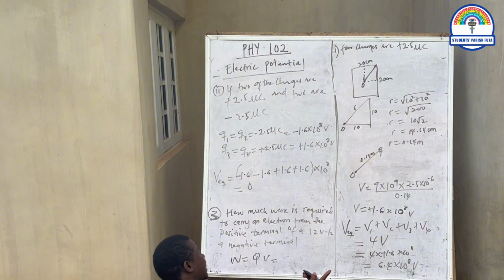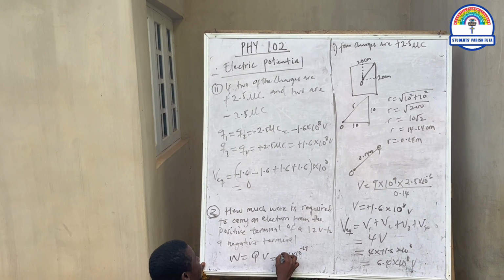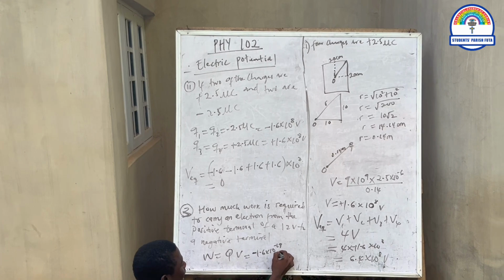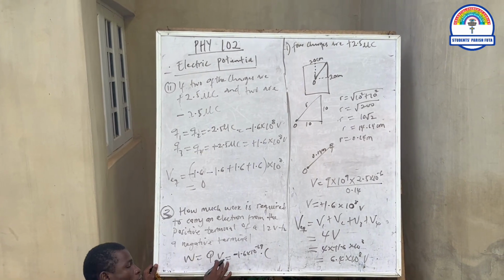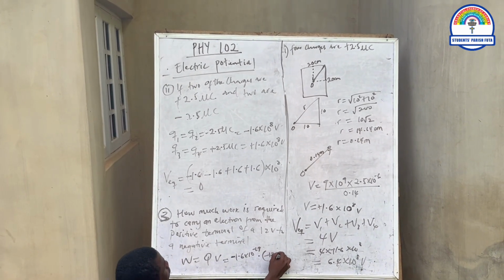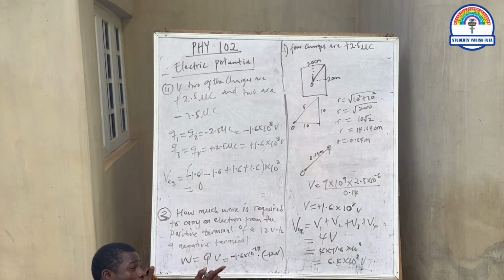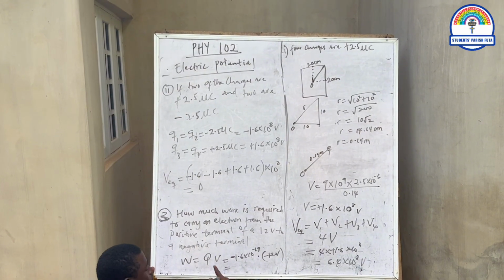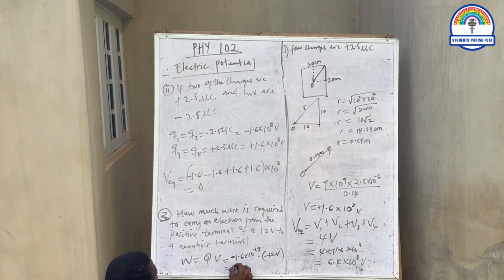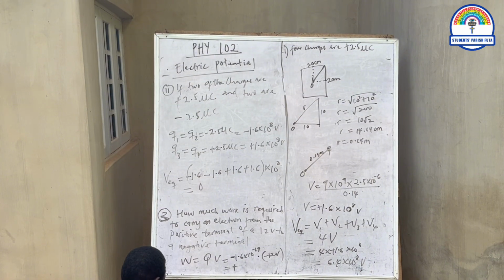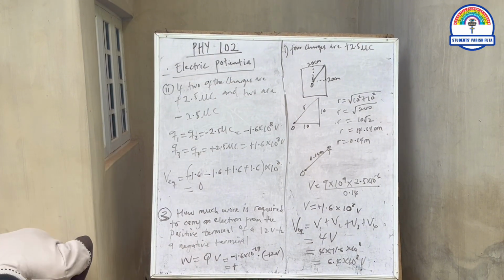The charge is an electron, 1.6 times 10 to the power minus 19, and its charge is negative, times your volt, which will be minus 12 volts, because you are going from positive to negative. So at the end of the day, this gives you positive 1.6 times 12, what will 16 times 12 be?